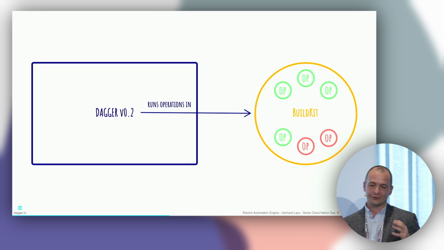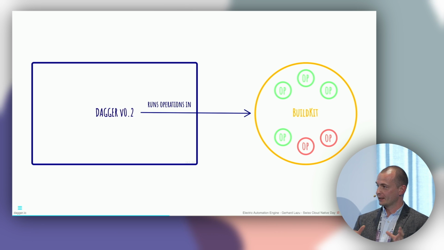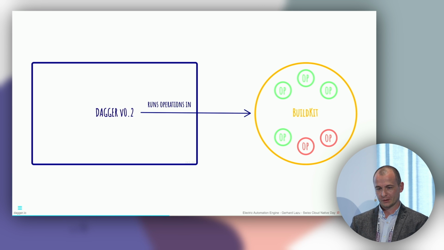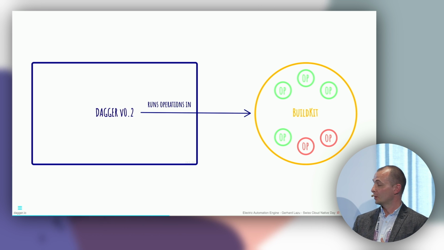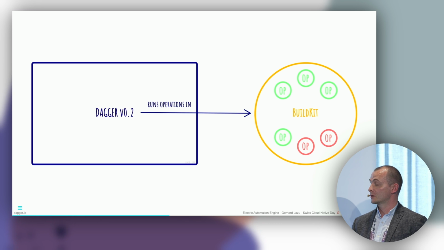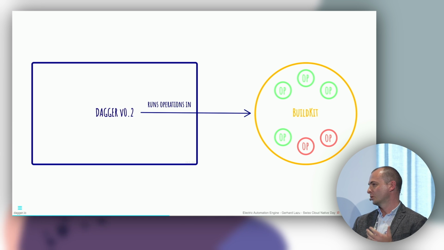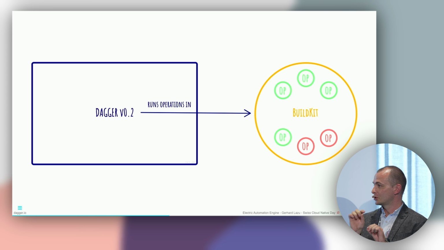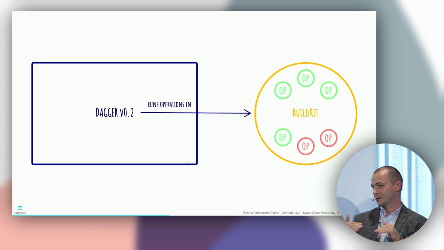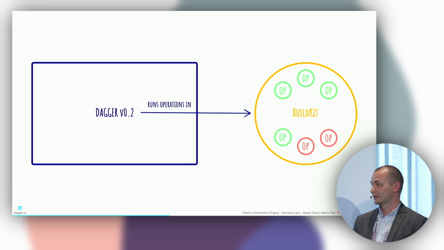Okay? So the reason why it gets better is because Dagger version 0.2, and we'll come back to that later, runs operations in BuildKit. And some operations can be cached, and some operations aren't cached, depending on what changes. If you're familiar with the Dockerfile experience, you change a line, you run it again, some of those instructions are cached. It's exactly the same principle.